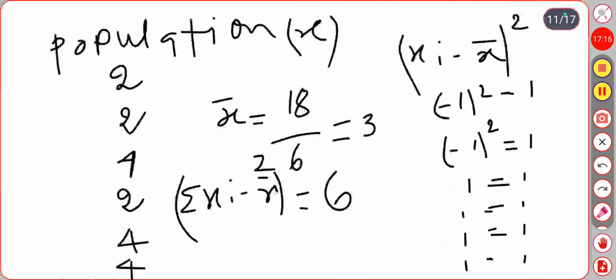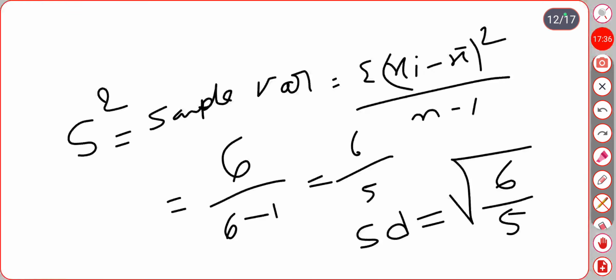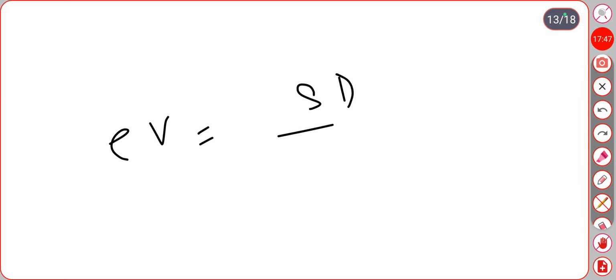There is a sample of 6 people, and we get the mean, then calculate xi minus x bar to get the sample variance, and from the variance we get the standard deviation. We know that the coefficient of variation is equal to standard deviation by mean.